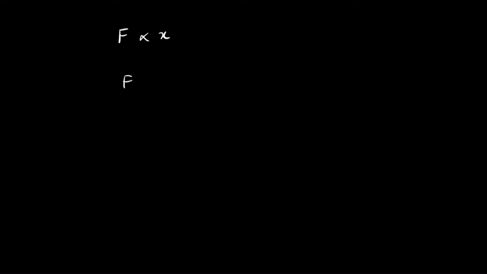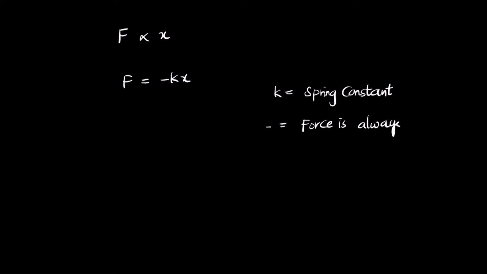When you remove the proportionality, F becomes negative kx, where k represents the spring constant, and the negative sign is because the force is always opposite to the displacement. This is one of the reasons why we use the negative sign, because the restoring force is always in the negative direction of the displacement.